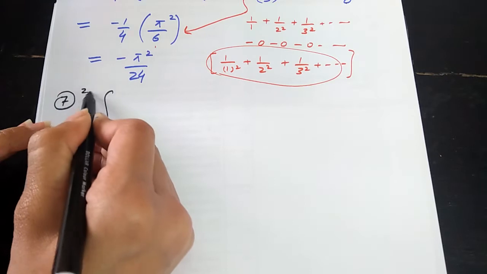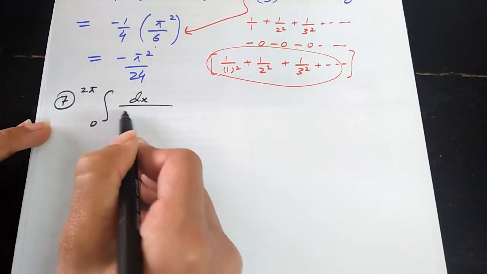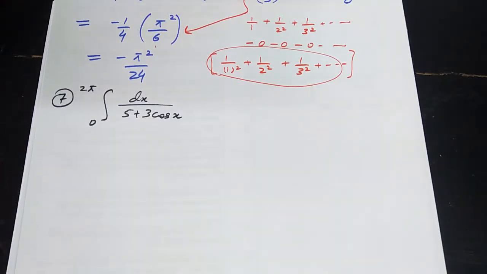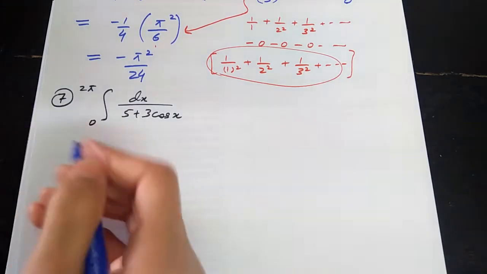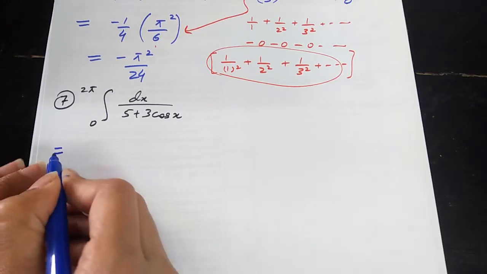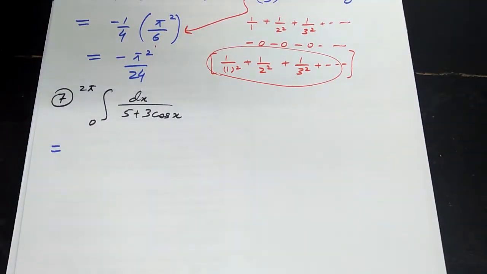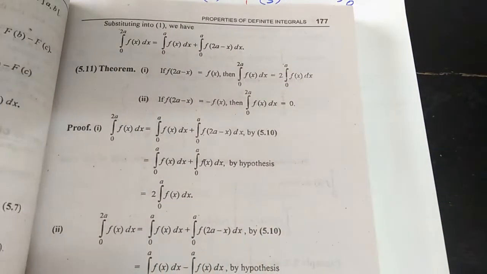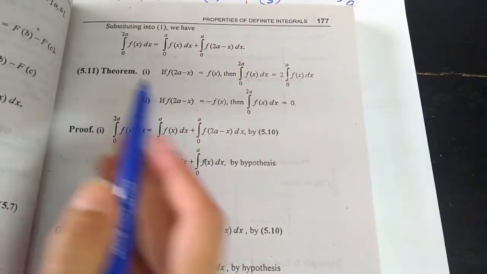Integrate from 0 to 2 pi dx over 5 plus 3 cos of x. This will be equal to, we know that in your book you are given a theorem at page number 177, this 5.11 part 1.